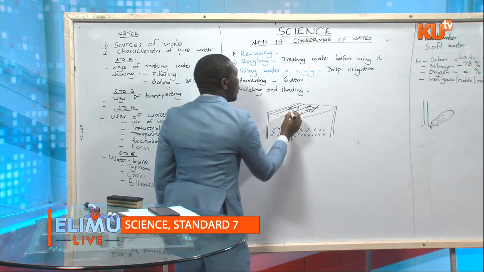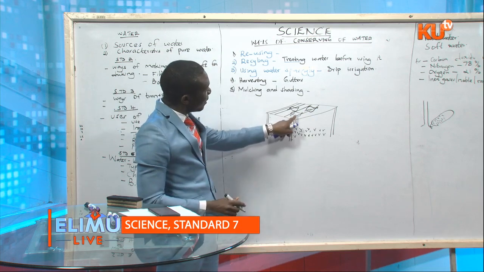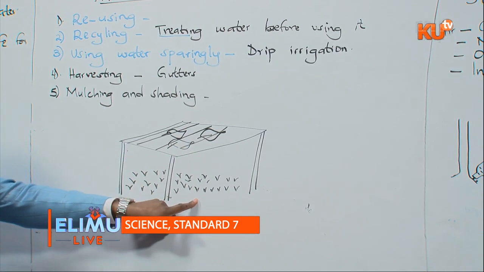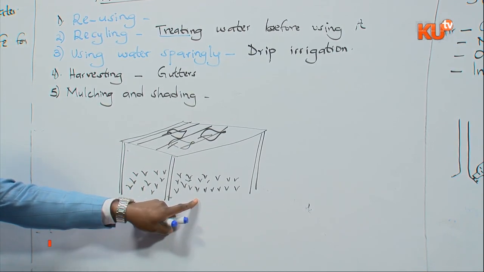So you make something called a shade. This shade prevents sunlight from reaching the seedlings directly because they are a little bit delicate.